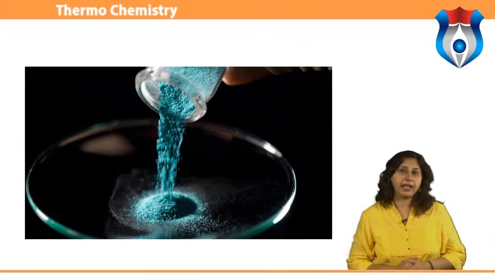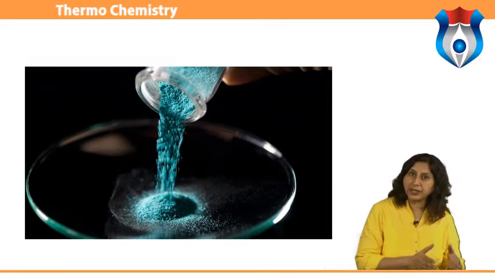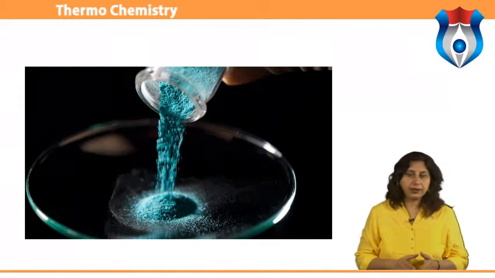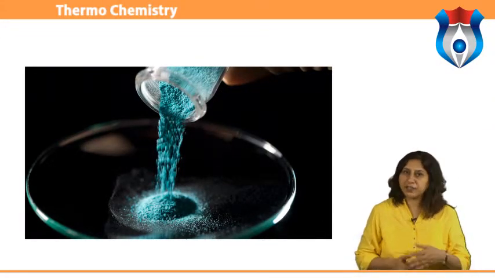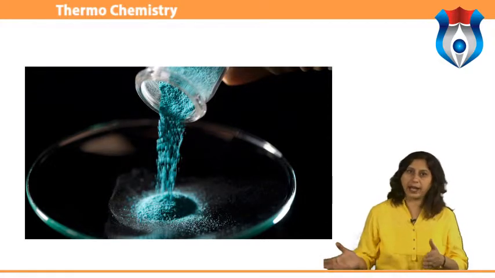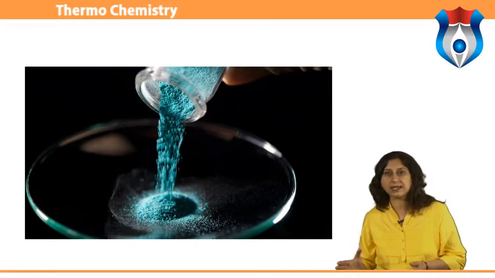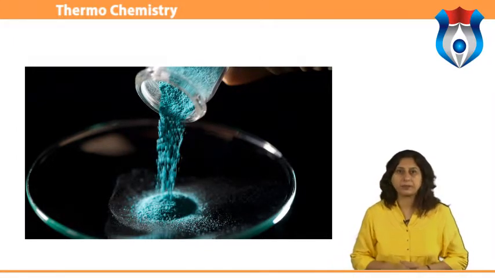More specifically, if Q is greater than 0, then energy was added to the system as heat. If Q is less than 0, then energy was lost from the system as heat. If W is greater than 0, then energy was added to the system as work. If W is less than 0, then energy was lost from the system as work.